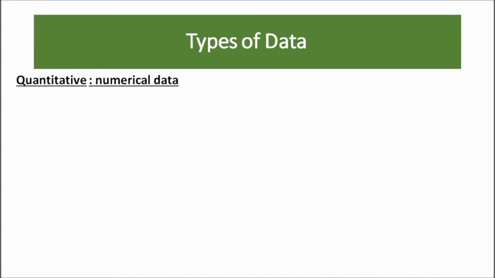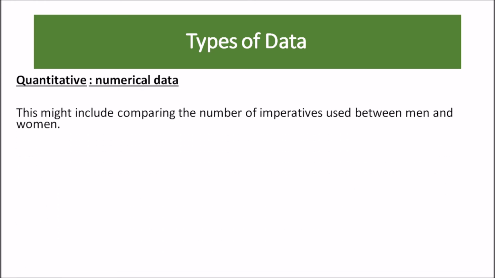Okay, so we're now going to look at types of data. The first type of data is quantitative data, which is basically numerical data, or a quantitative approach to your analysis. You're looking at numbers. For example, you might compare the number of imperatives used in a transcript between men and women, seeing if Lakoff's right or Tannen's right in terms of male dominance and giving orders.